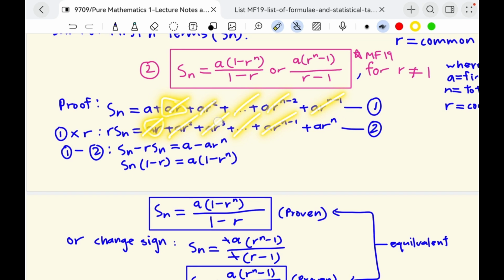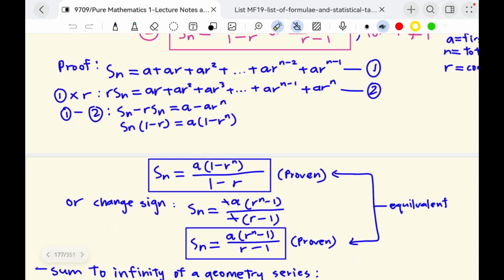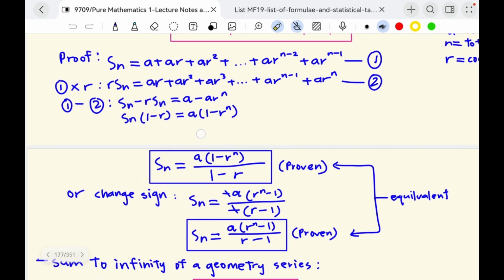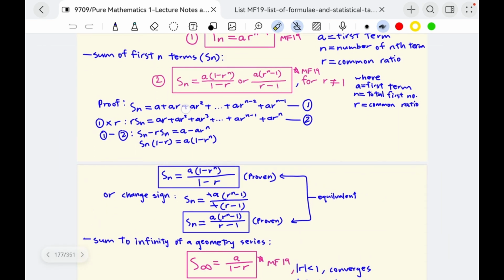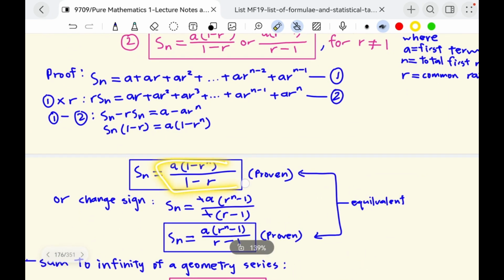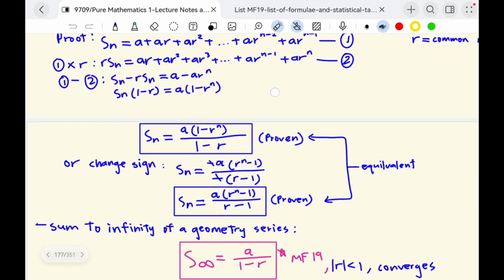Repeat the same steps to get a minus ar^n left. So factorize the a out, as well as the Sn outside. And then we have found the sum of the first n terms for the geometric series. So therefore, this formula is proven.